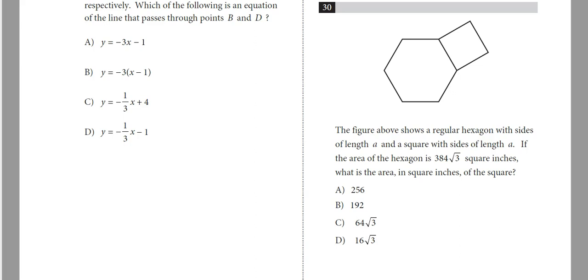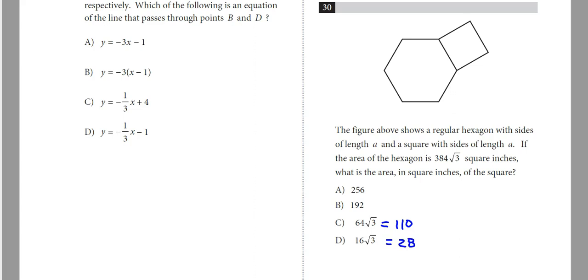So first thing I'm going to do is go down to these answers and change them. I'm going to go 64 times radical 3. And I figure out that that is somewhere in the neighborhood of 110. And then 16 times square root of 3 is about 28.